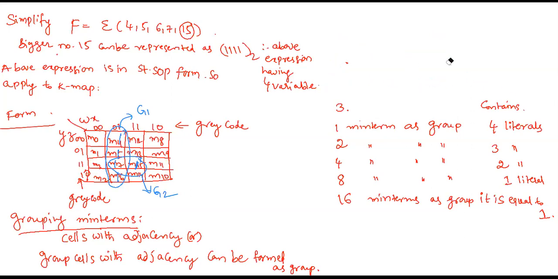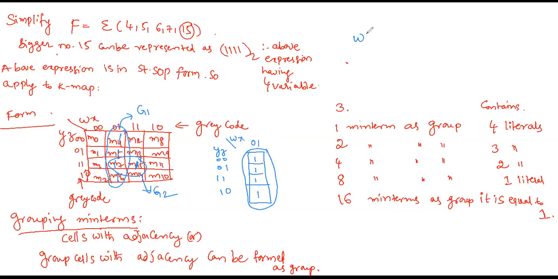Okay. G1 is having 1, 1, 1, 1. The Wx terms are 0, 1. What are the yz terms? Yz terms are 0, 0, 0, 1, 1, 1, 1, 0. Now, along this complete group, look for the W. What is the value of W along the group?